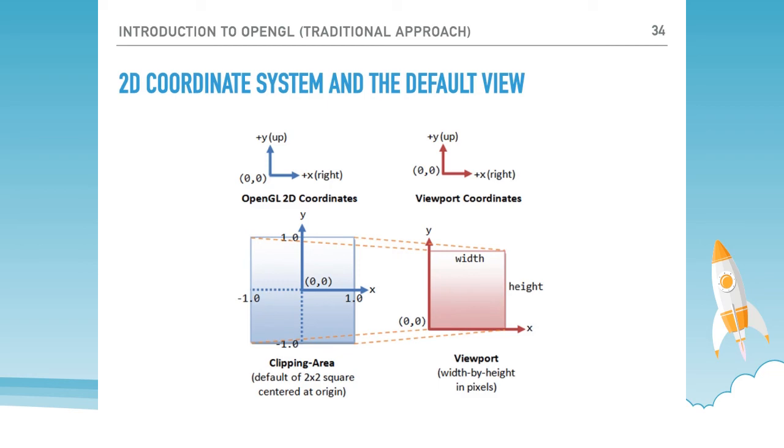The clipping area is mapped to the viewport on the screen. As you know, viewport is measured in pixels. Try to study this example to convince yourself that the 2D shapes created are positioned correctly on the screen.